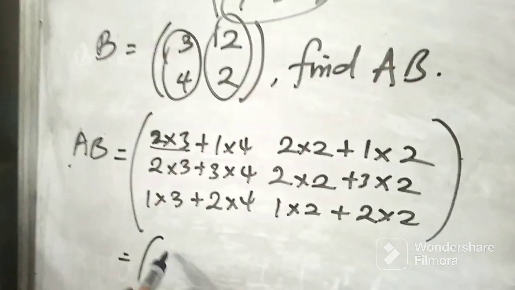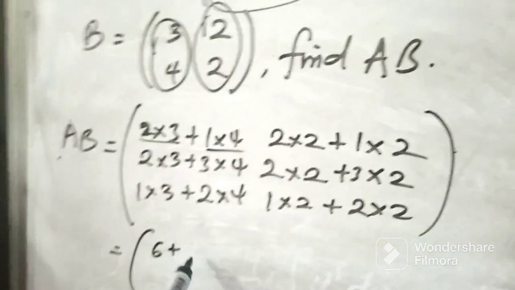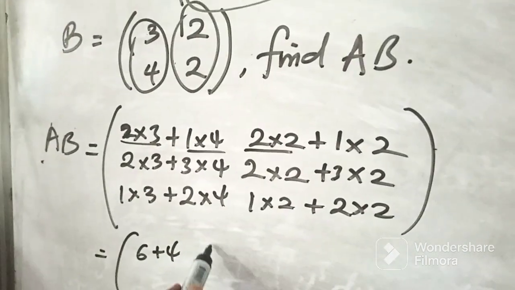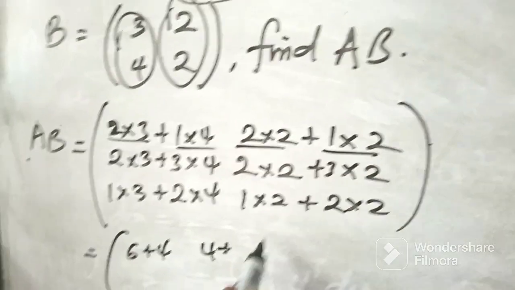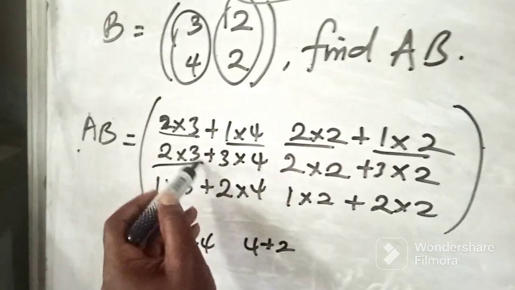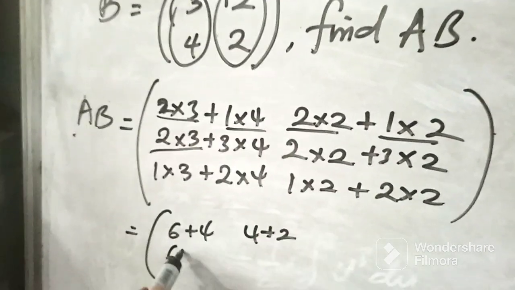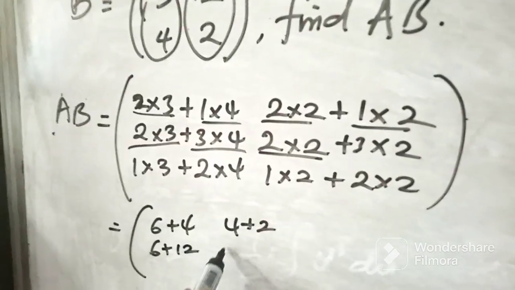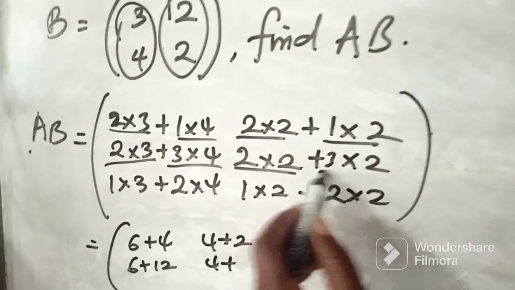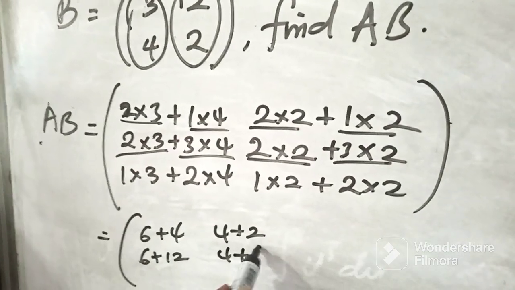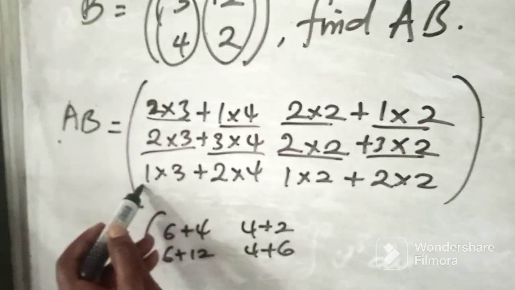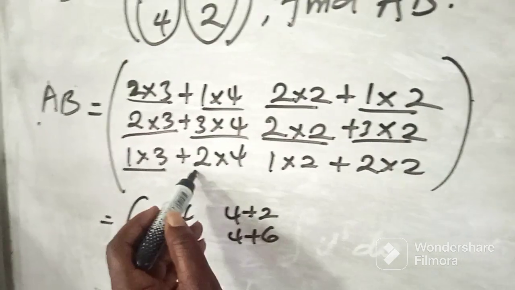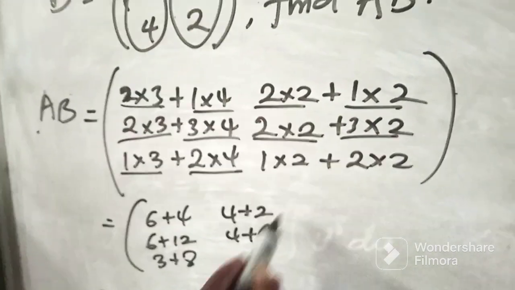This time this will give me 6 plus this will give me 4. Then this time this will give me 4 plus this will give me 2. Then this will give me 6 plus this will give me 12. This will give me 4 plus this will give me 6. Then this will give me 3 plus this will give me 8.